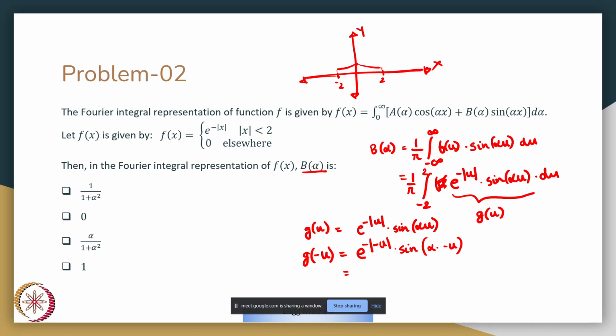Mod of minus u equals mod of u, so we'll just substitute that, and sine of minus x equals minus sine of x. So it gives sine of alpha u into minus 1. I'll take the minus sign ahead. From these two relations, what we can say is that g of u is an odd function.